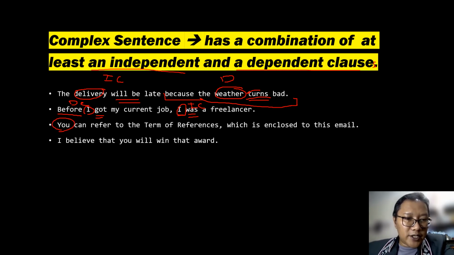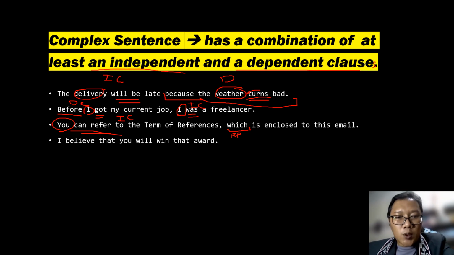We have the subject and the verb without a subordinate conjunction, so this is the independent clause. Which is the relative pronoun. Relative pronoun is also a marker of a subordinate clause, and this acts as a subject too. Is enclosed is the verb. So this is the dependent clause.